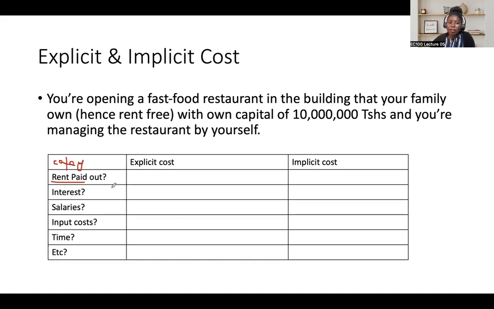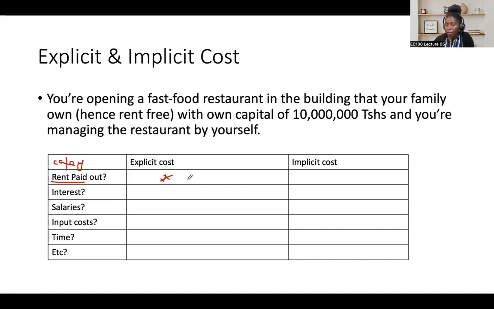So is there any rent paid out? If you were paying rent, if it wasn't your own building, let's say maybe 500,000 or 100,000 per month, that would be explicit cost. But since you're not paying money directly, there's no rent paid out, it's free.